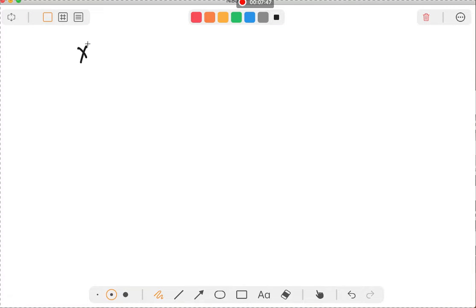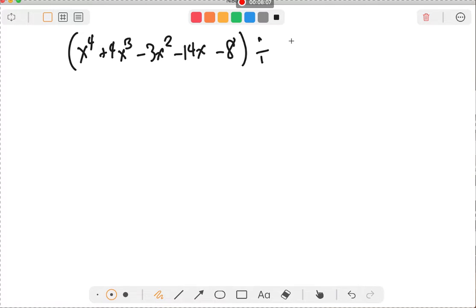Let's go with x to the 4th plus 4x to the 3rd minus 3x squared minus 14x minus 8. And let's divide it by something.